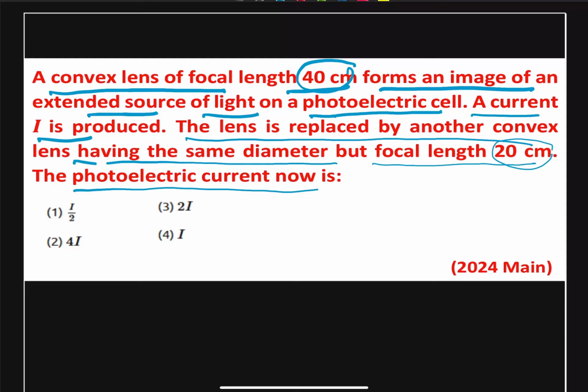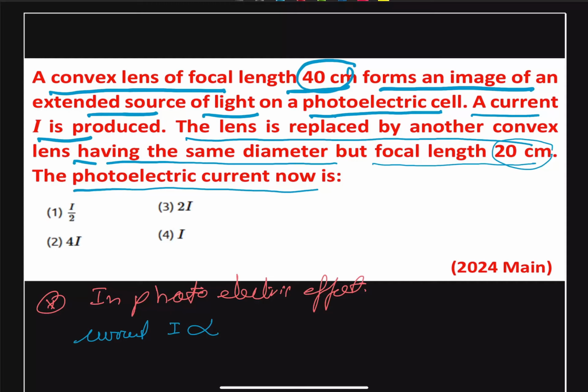You can say that in photoelectric effect, current I is directly proportional to the number of photons striking the surface per second.